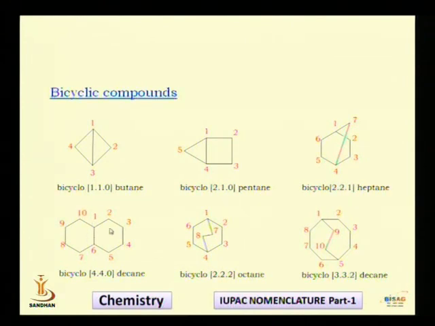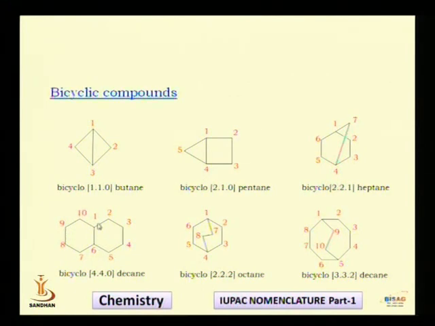So let us select this compound. Again you will notice that this compound is bicyclic. You break one bond over here, then there will be only one cycle. Break one bond from here, and the compound will become totally open, and that's why the system is bicyclic, and the prefix will be bicyclo. Then you number the system. So this is the numbering of the system.